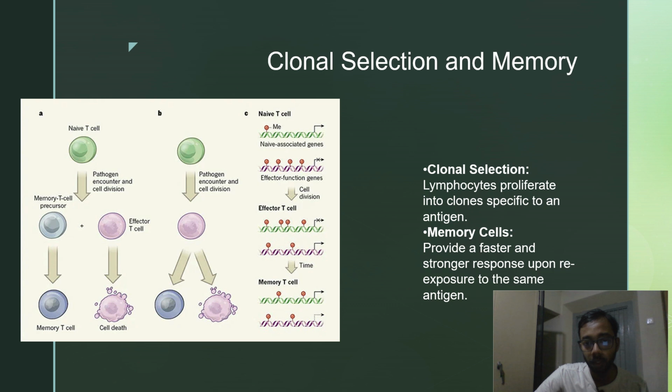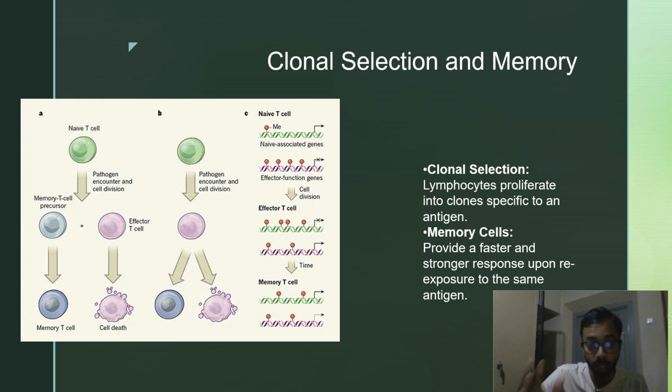Let's say after about one month, again you are exposed to COVID-19. Then these memory cells rapidly recognize the virus and rapidly kill it, unlike the first instance, which took some time for the process of destroying that virus.